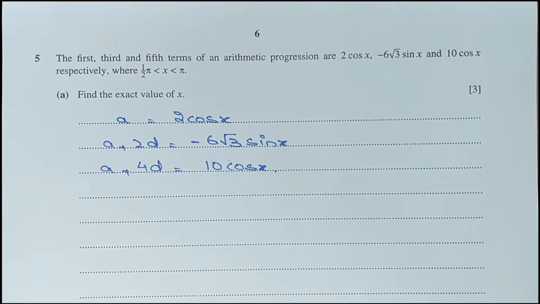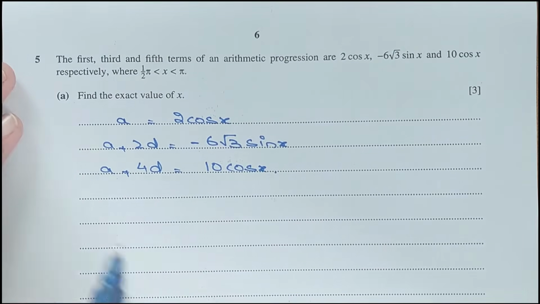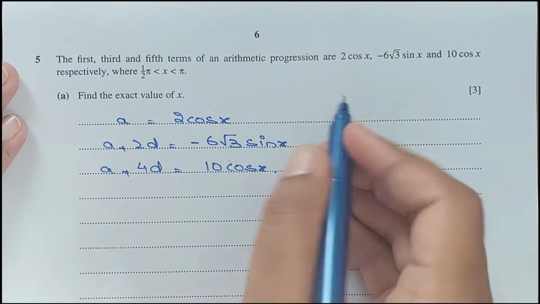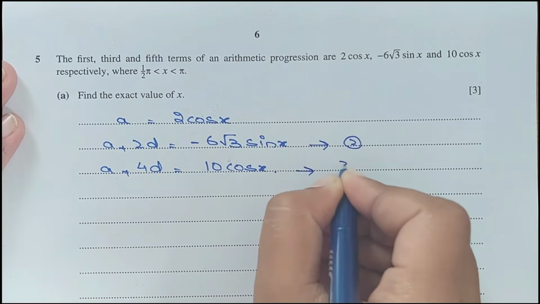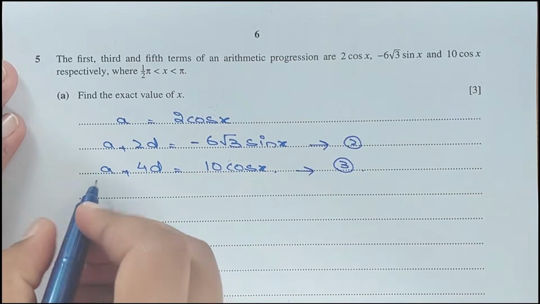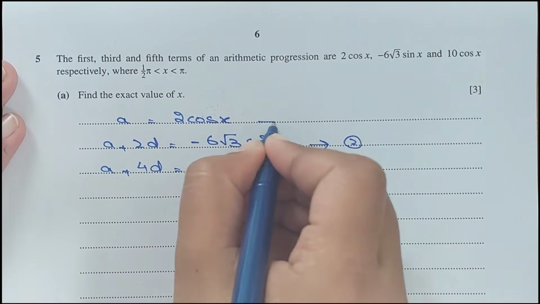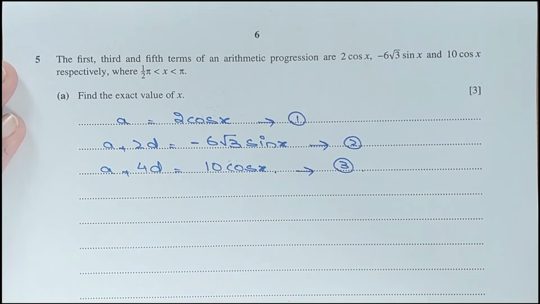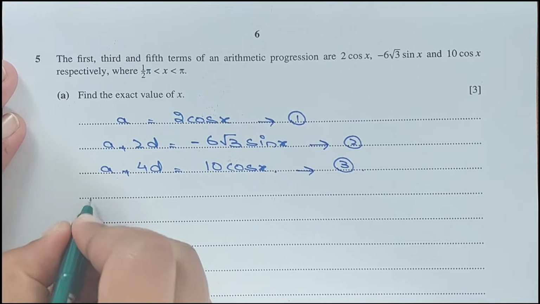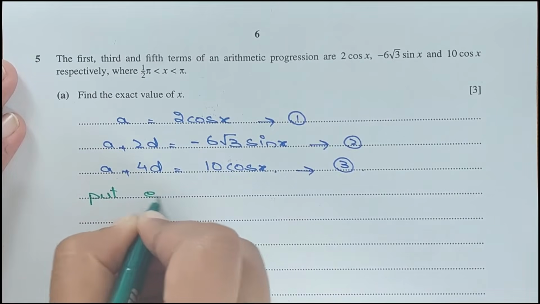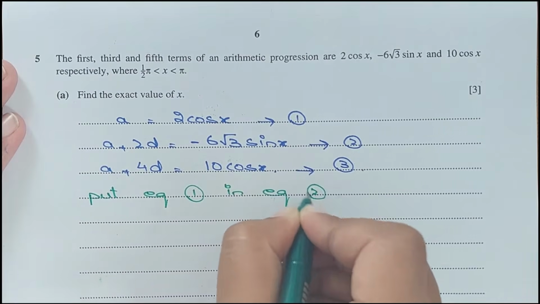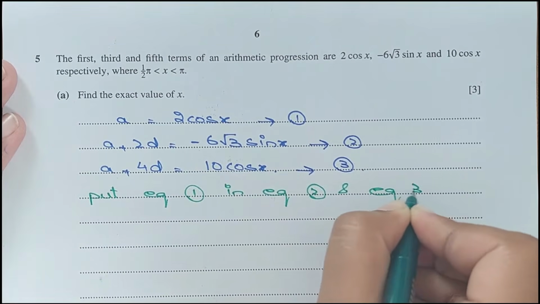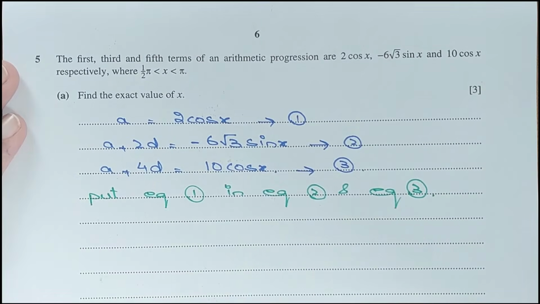Right. Okay. Now let me substitute the value of a in the second and the third equation. This is my equation 2 and this is equation 3. So let's say this is 1. We can put equation 1 in equation 2 and equation 3, right?